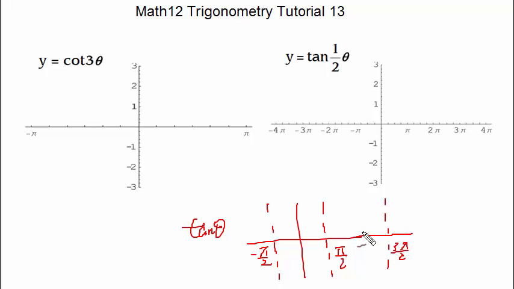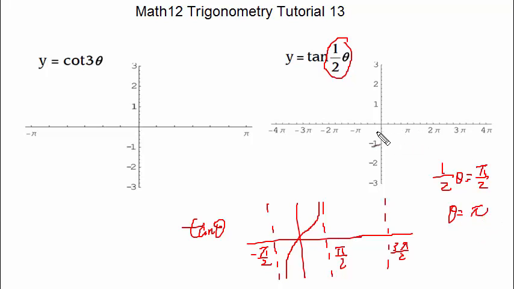Okay, now the thing is changed. Before it's like that, right? Right now, this is going to replace the original theta. So we're making half theta equal to pi over 2. Then theta just equals pi.